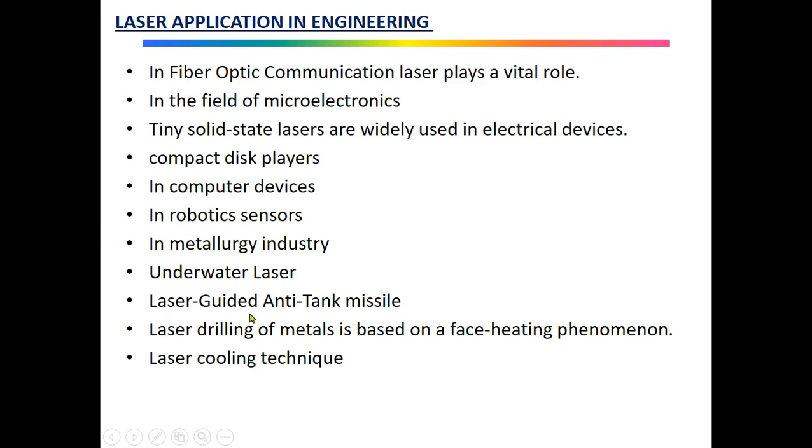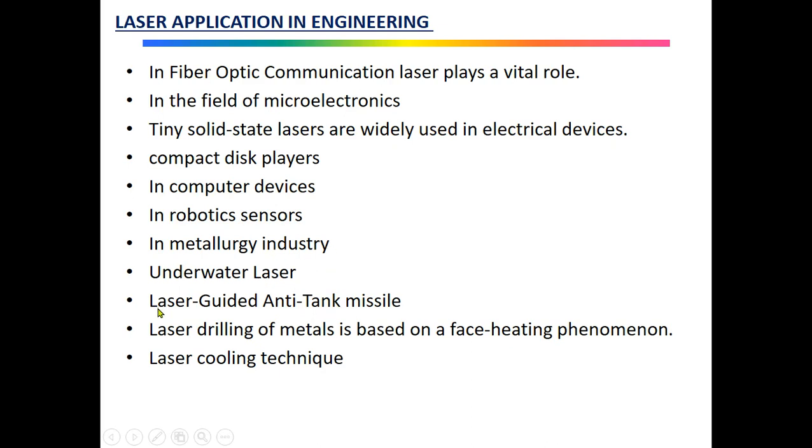Using these lasers, we can design guided anti-tank missiles, and these missiles can be guided and controlled by an IR, that is an infrared beam emitted from a laser, because an infrared laser beam has extremely small divergence.